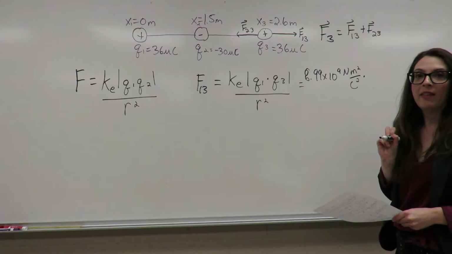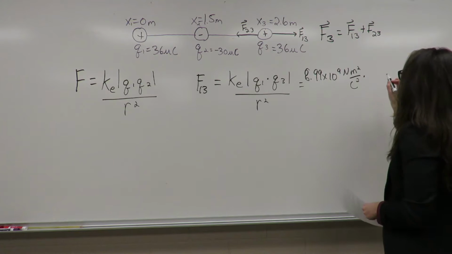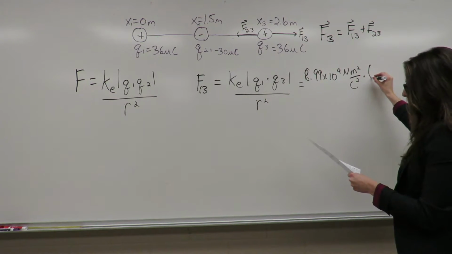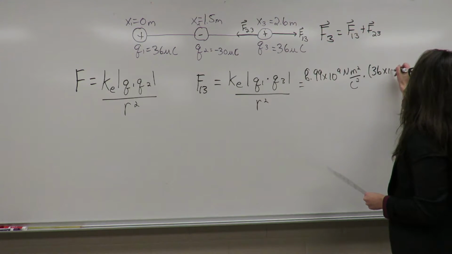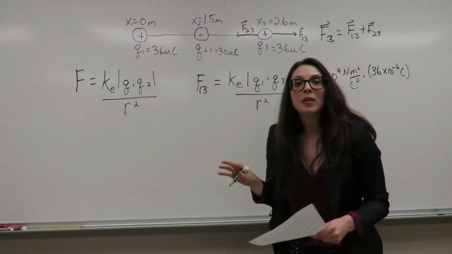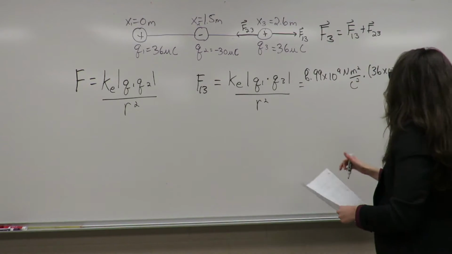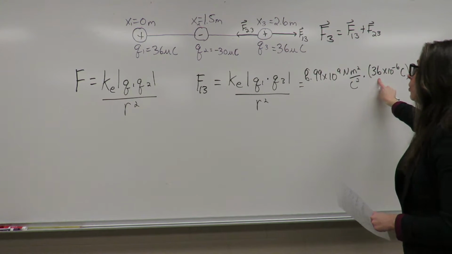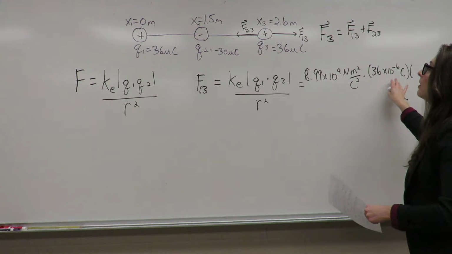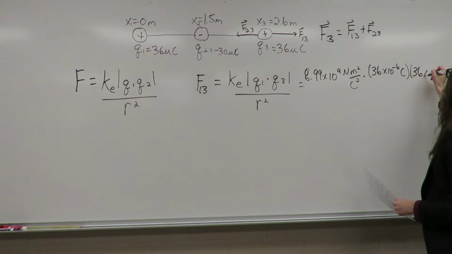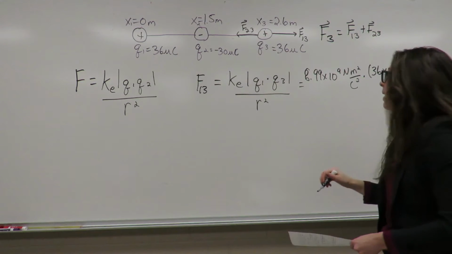We're going to multiply that by the charges on both of these particles: 36 times 10 to the minus 6 coulombs, because a microcoulomb is 10 to the minus 6 coulombs, for the absolute value of Q1, and then by the charge on Q3, which is also 36 times 10 to the minus 6 coulombs.